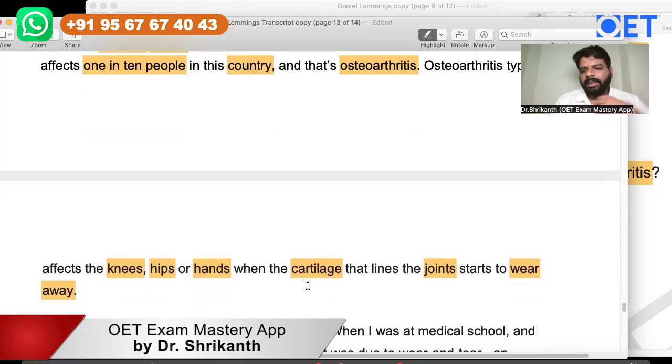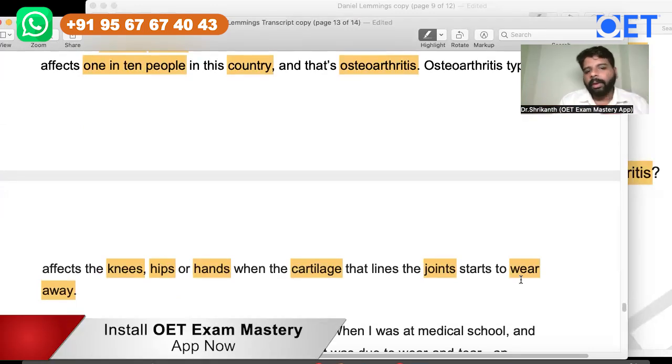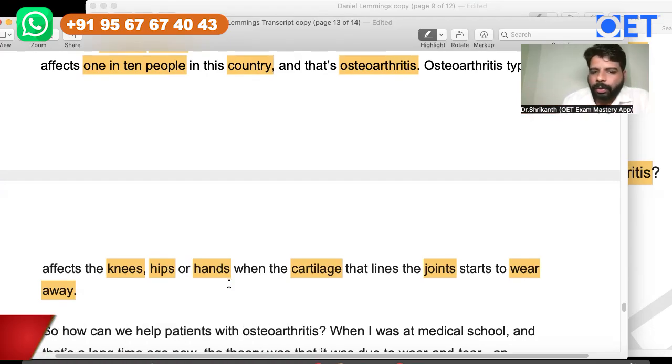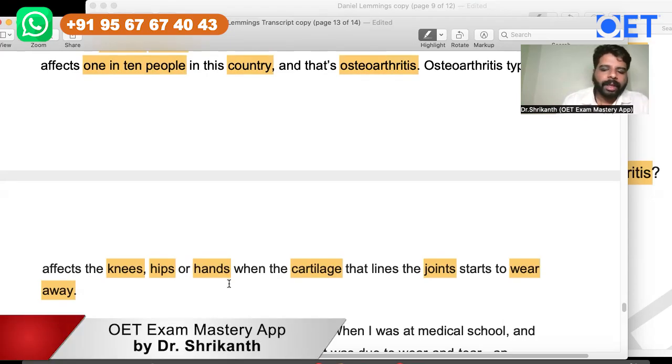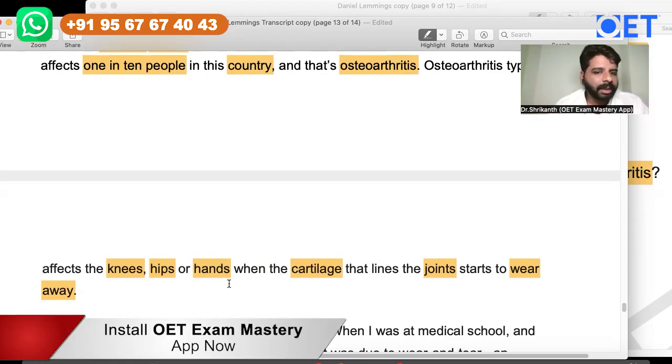When the cartilage, that is a protective layer of the joint, wears away, which means it starts to deplete, when its quantity is reducing, that is when osteoarthritis affects. Now, what is your duty here? Is your duty to find which parts of the human body get affected by osteoarthritis? No, right? Your duty is to find there are patients suffering from osteoarthritis and how to help them. Okay, suggestion regarding helping patients. So this is another distractor. Again, you should be able to discriminate the information like so and so.